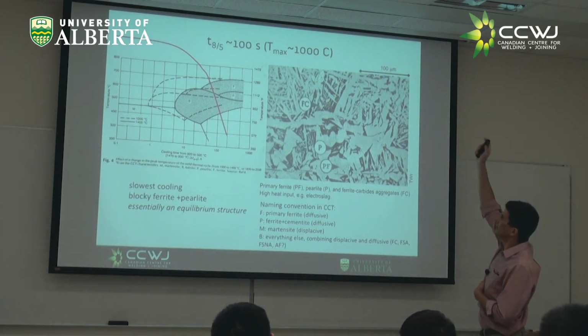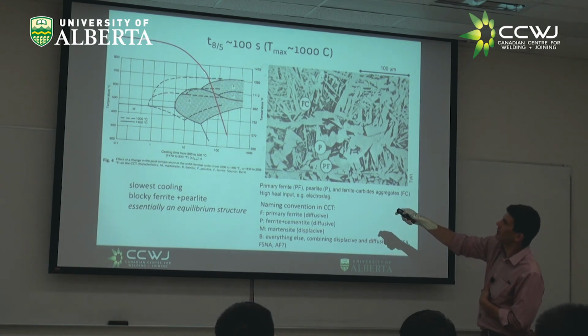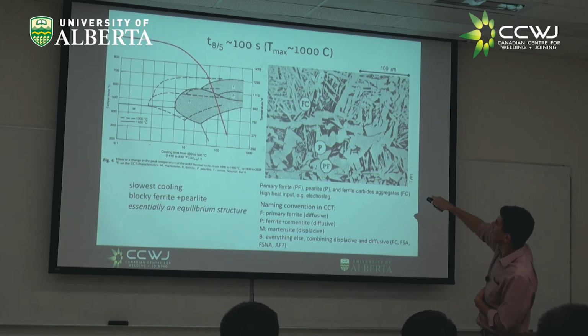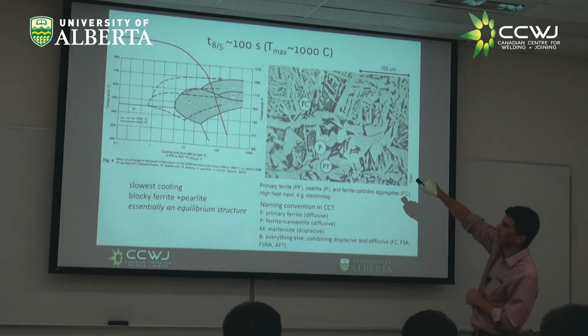So if my cooling rate in welding is very slow, I'm going to have primary ferrite at the grain boundary, like all this primary ferrite here. Pearlite is all these black things here. And then a tiny amount of bainite that here appears as ferrite and carbides.